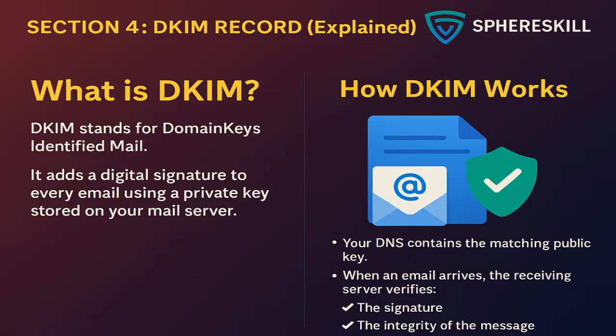DKIM, as I briefly explained in the first video of the series, stands for DomainKeys Identified Mail. It signs each and every email sent by the mail server. It adds a digital signature to the email, encrypted using a private key, so it is very difficult to tamper with the mail.